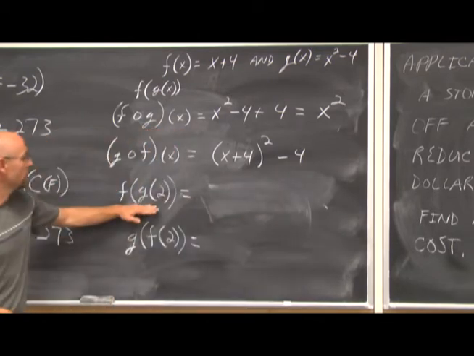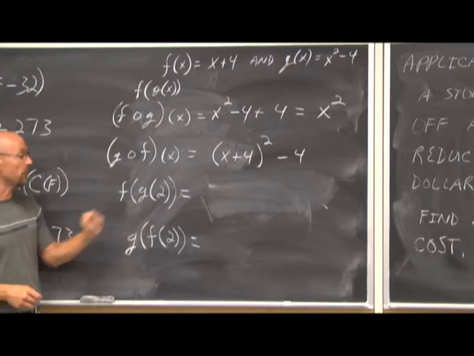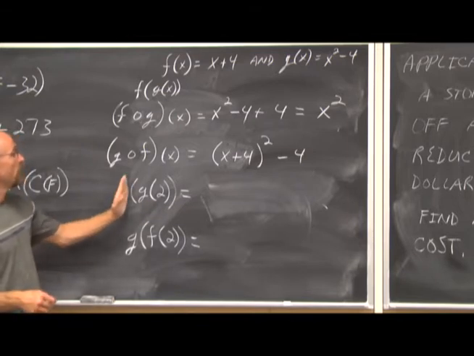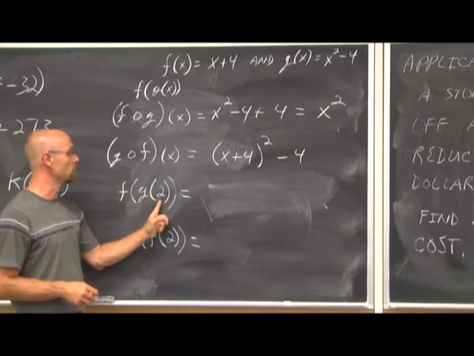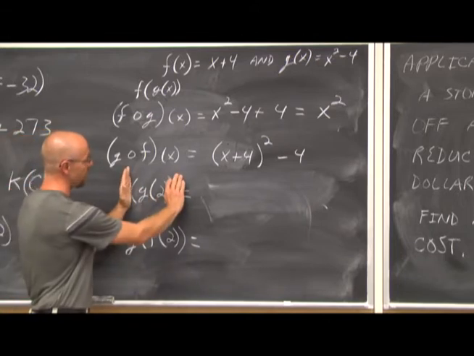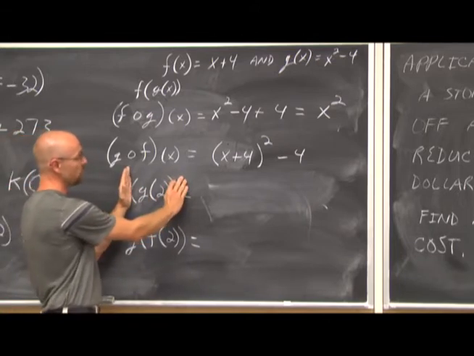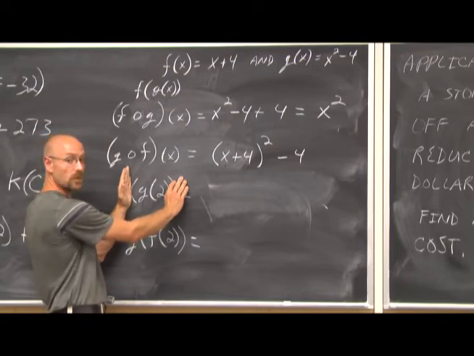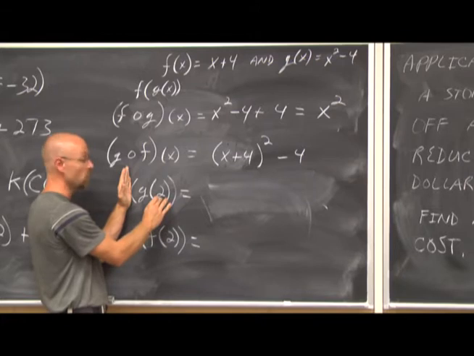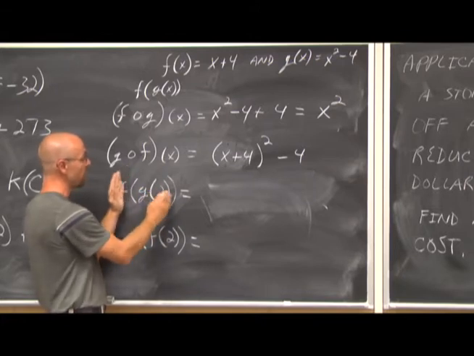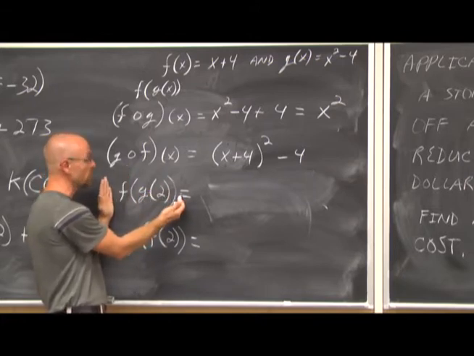All right, now here, different notation, but it means the same thing. It says f of g of 2. Now, let's not worry about the f part for a moment. G of 2, if we're familiar with the notation, says evaluate g for x being 2. Once you find that value, plug it into the whole function f.